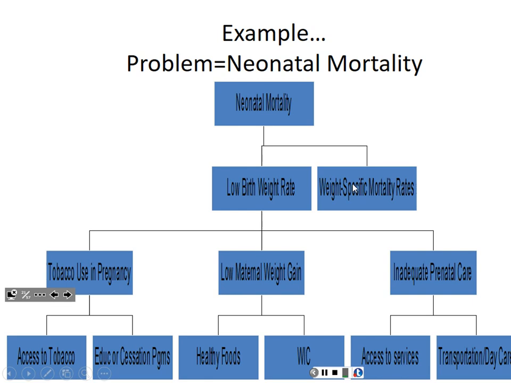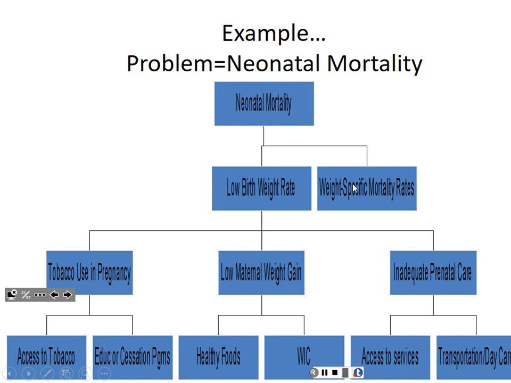And we said that determinants and contributing factors, again, are both risk factors. It just depends on where they exist relative to the health problem. So determinants are going to be the risk factors whose level directly influence the level of the health problem, whereas the contributing factors are going to be risk factors that influence the level of the determinants, and indirect contributing factors are going to influence the levels of the direct contributing factors.